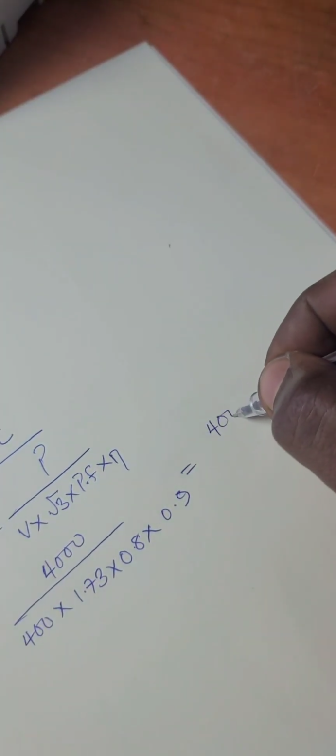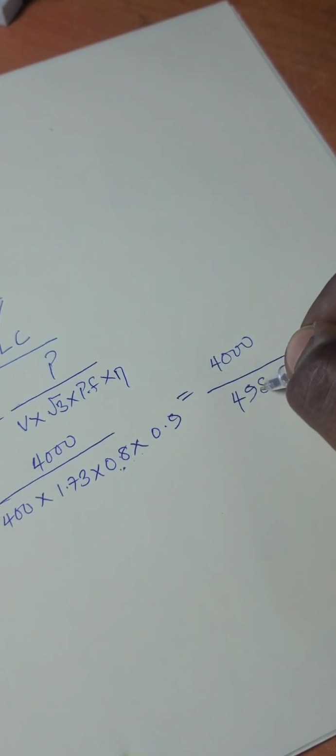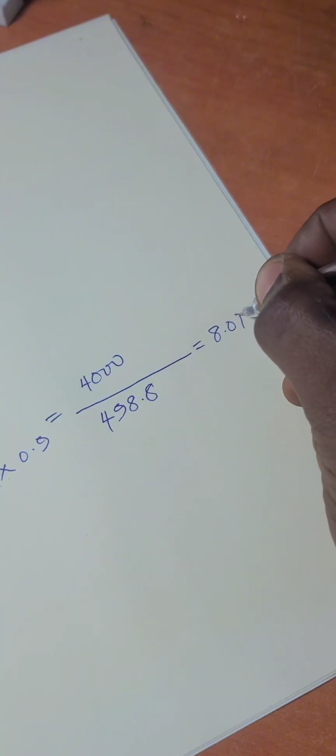And this whole thing is going to give us 498.8. All right. So now to get our current here, the full load current, we're going to now divide 4,000 with 498.8, and that is going to give us 8.0 amps. All right, so this is the full load current of our electric motor.